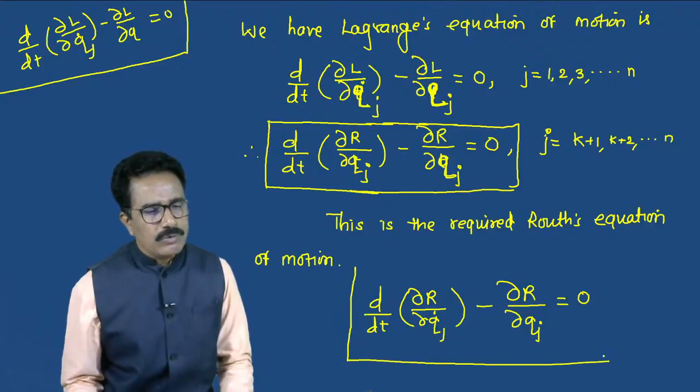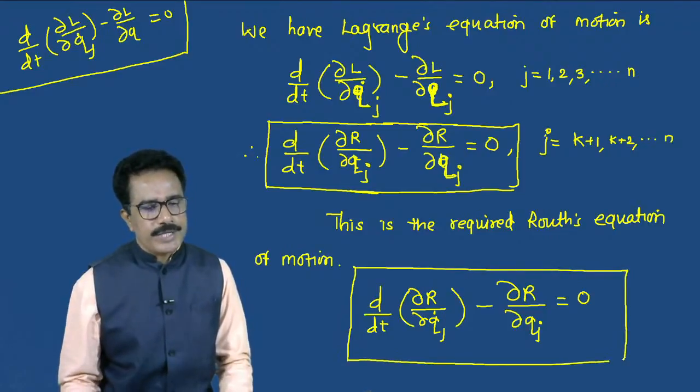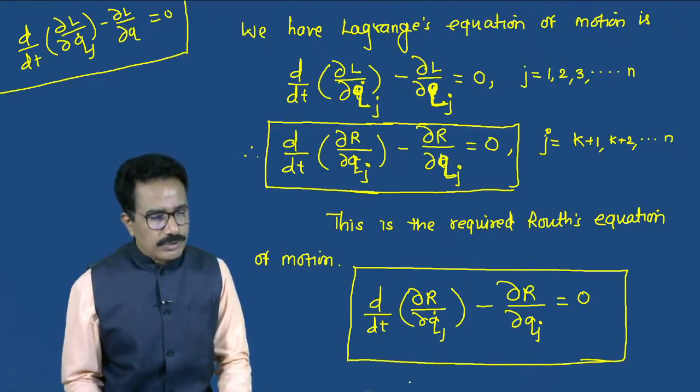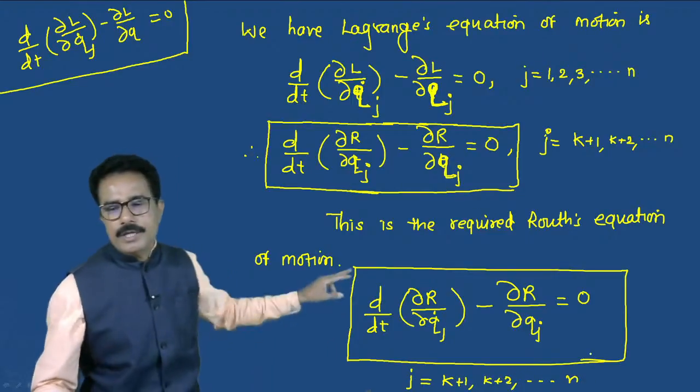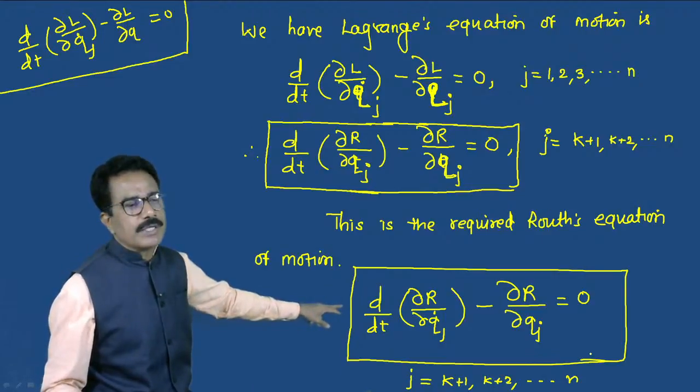This is the Routh's equation of motion, and in this equation j is equal to k plus 1, k plus 2, and so on up to n.